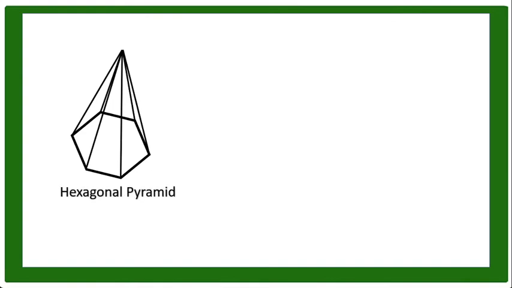And how many faces does a hexagonal pyramid have? Since we have one hexagon as its base, we have one hexagonal base. Then since a hexagon has 6 sides, there are 6 triangular faces plus 1 hexagon base, so it has 7 faces. How about this one? What shape is this? This is a pentagon.